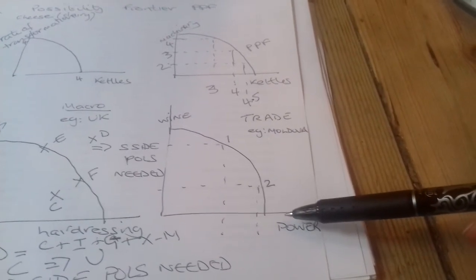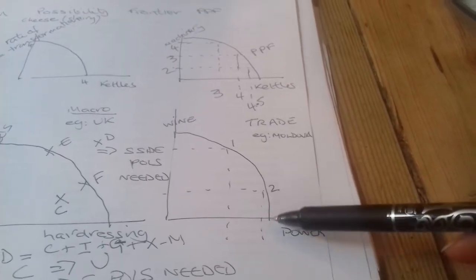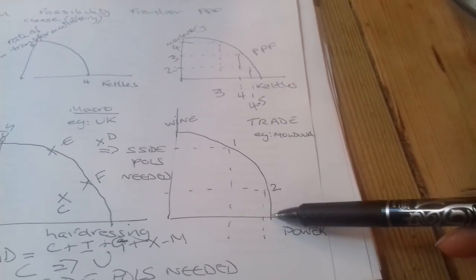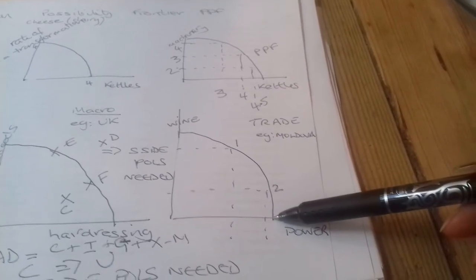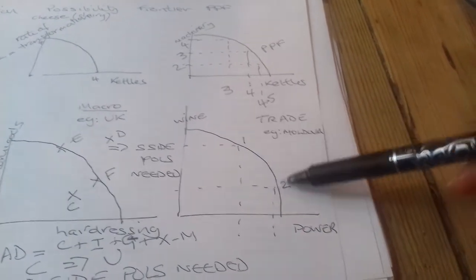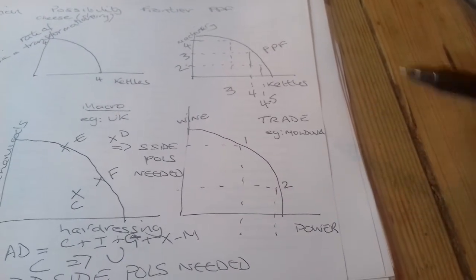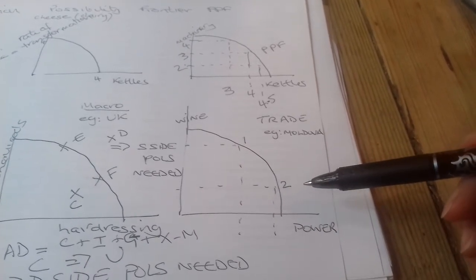Moldova is less able to produce power, whether it's electric or gas, and so we represent a lower total amount, respectively, of power if it specialises in producing just this good. So again, points 1 and 2 are on the production possibility frontier, representing efficient use of all the resources available in Moldova.